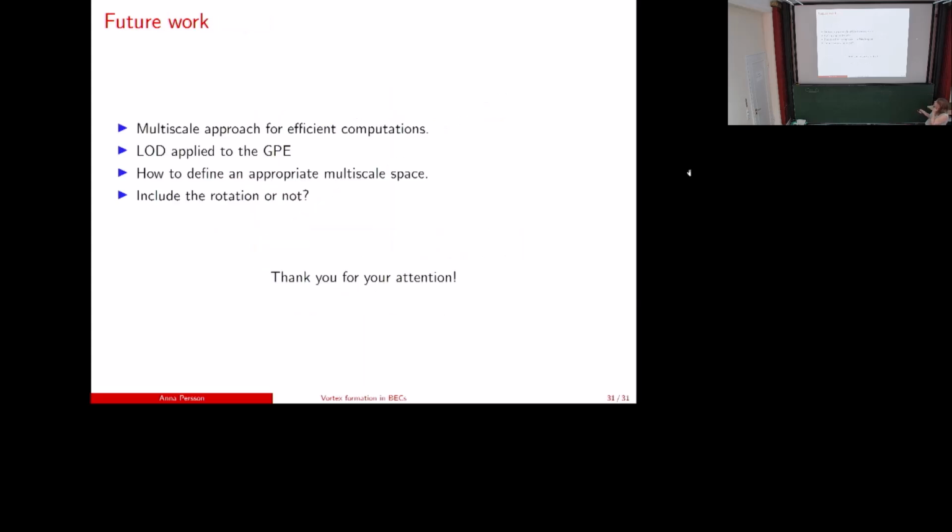So I would also like to mention some future work. Now that we have this bound, when we know when the mesh sizes are reliable for the finite element method, it's interesting to have a multiscale approach and get efficient computations in this pre-asymptotic regime.